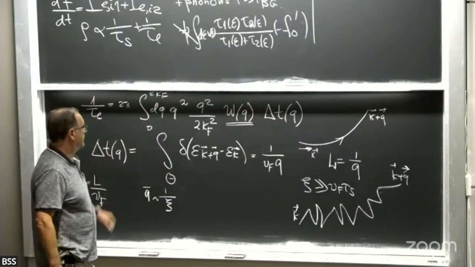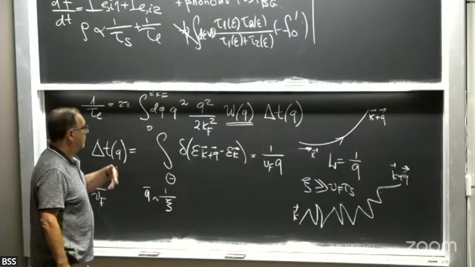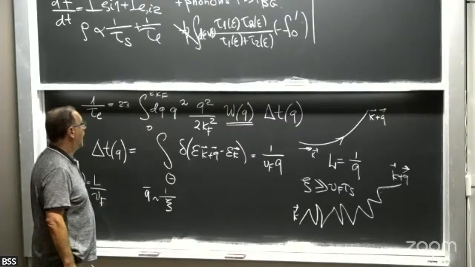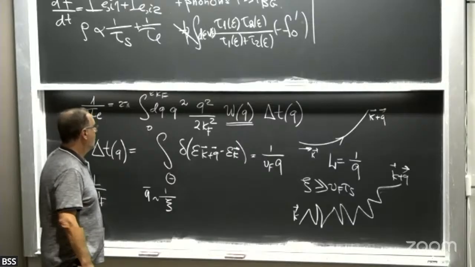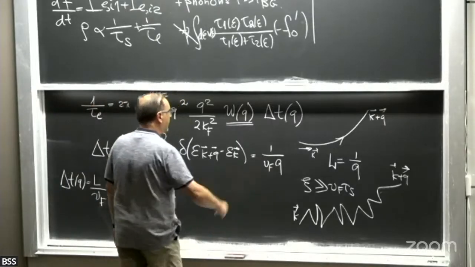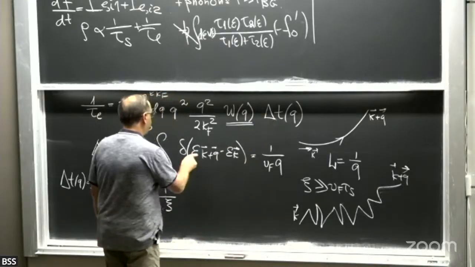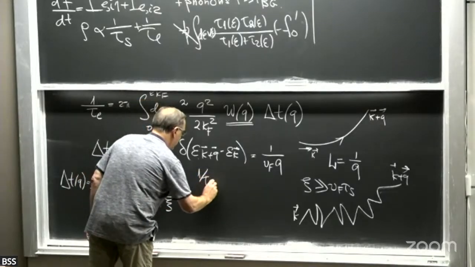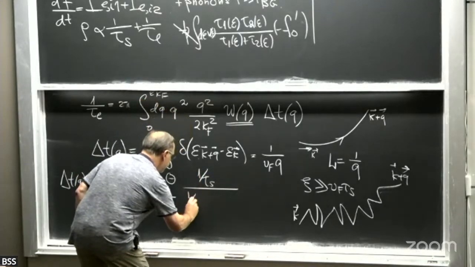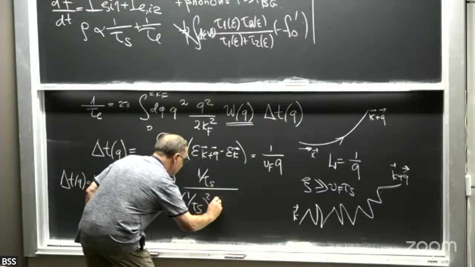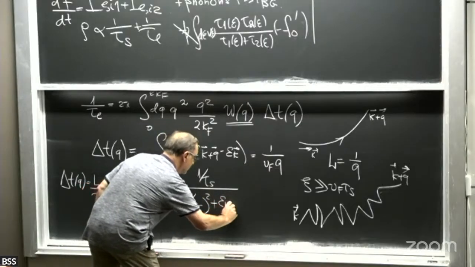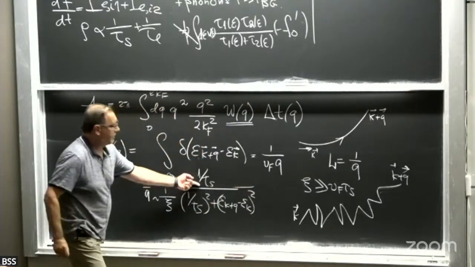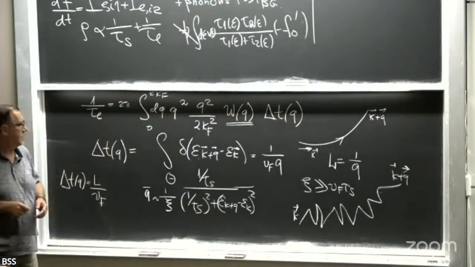Part of this was captured by the original Fisher-Langer argument and then improved and solidified by other authors, who said that in this case, what we have to do is replace the delta function here by some Lorentzian of width 1 over tau s.